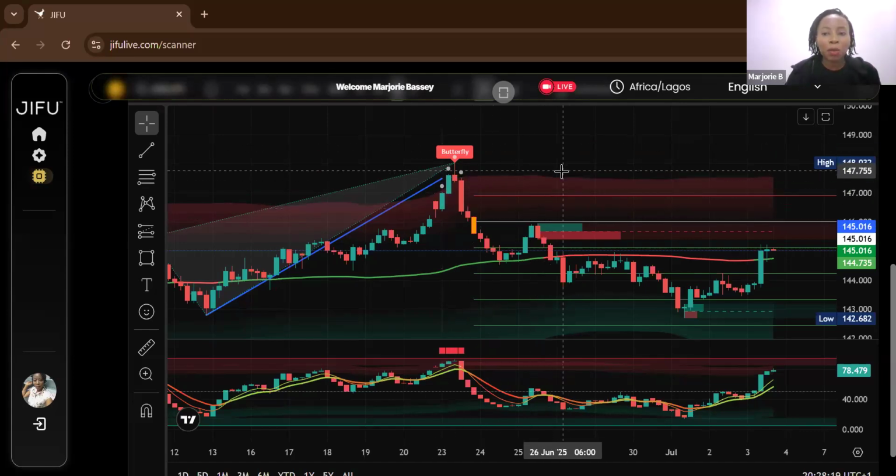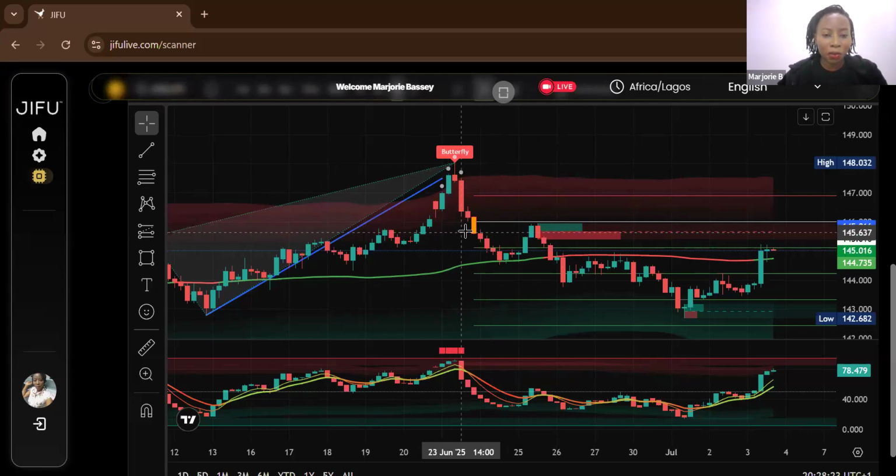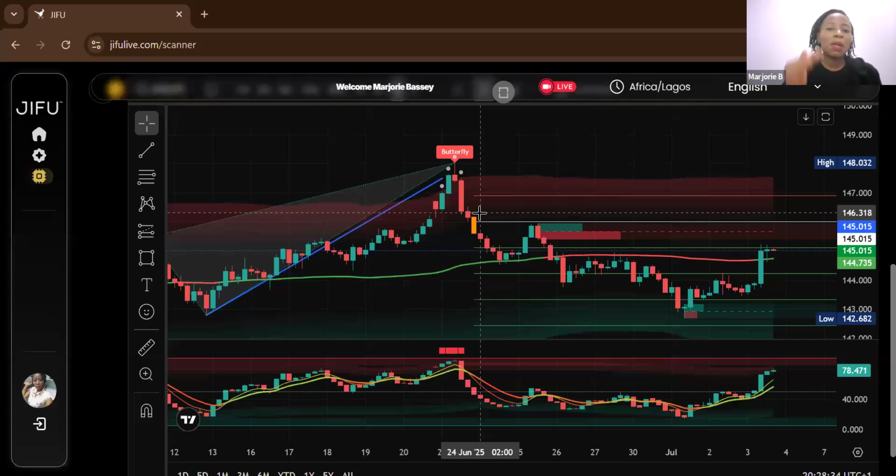How do you now confirm that you can take a trade at this point? Rejection candles. Now, this rejection candle is simply showing that the market is going to respect this zone. And the market that was going bullish is going to start reversing to sell.